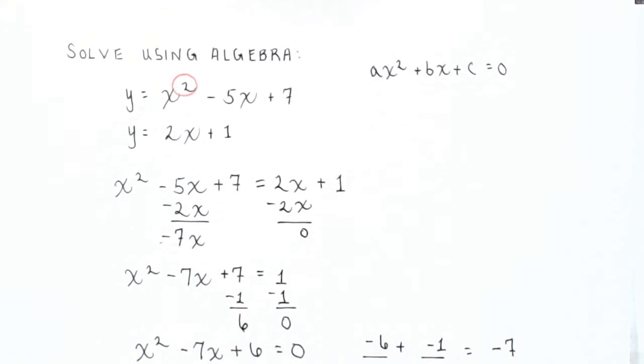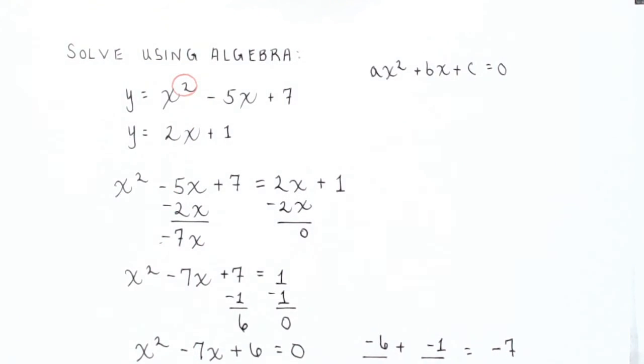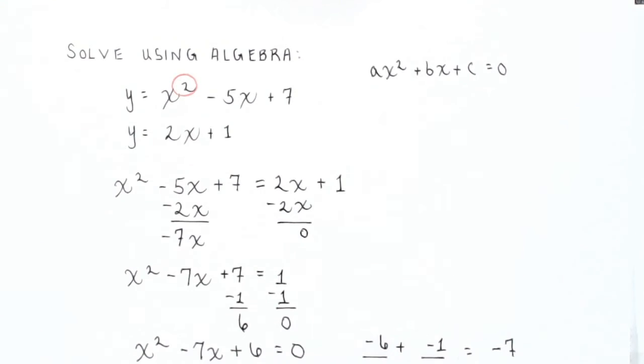The fundamental theorem of algebra states that whatever the highest exponent is in a system or in an equation, that is the minimum number of solutions that that equation or that system will have. So in this case, the highest exponent is 2. And we know that means the fundamental theorem of algebra says there must be two solutions.